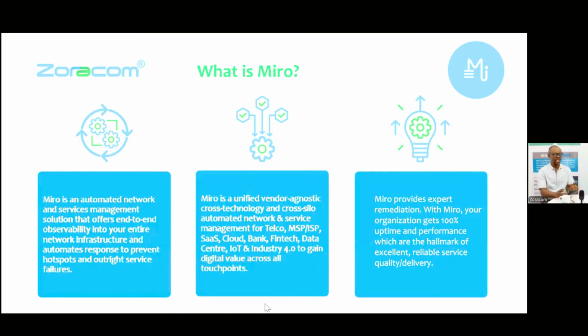It automates a response to prevent hotspots and outright network service failure within your network environment. When you hear the word Mirror, you might be wondering, this is also a unified, vendor-agnostic, cross-technology and cross-silo automated network and service management solution tool.